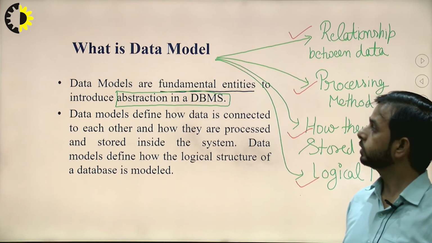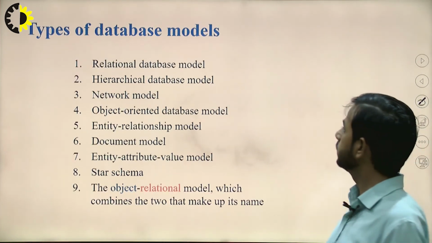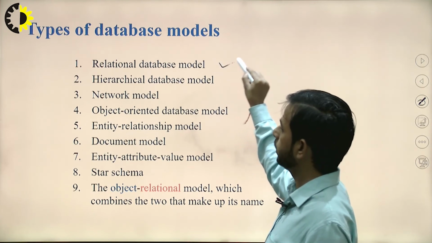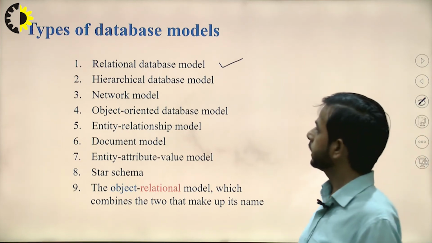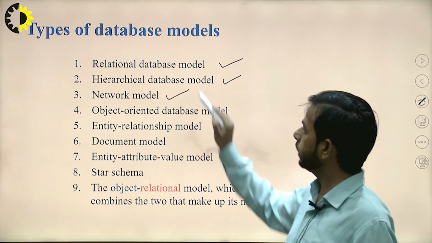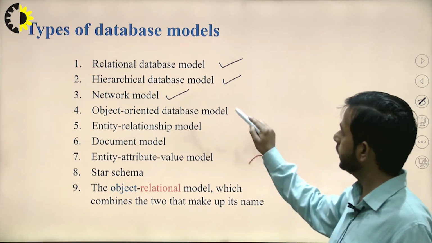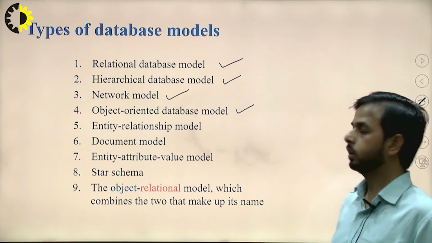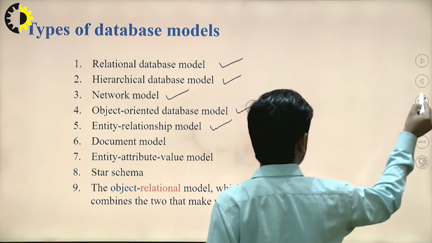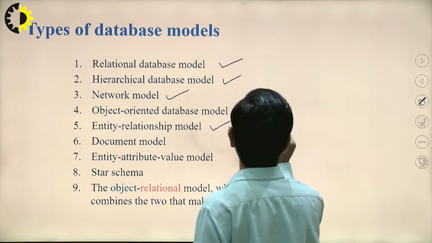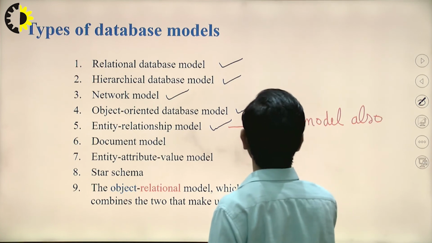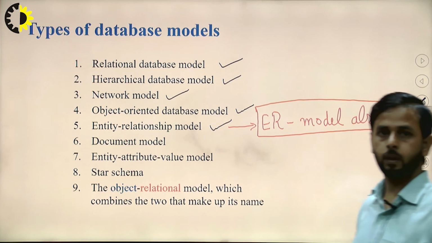Some of the important ones: first is the relational database model, second is the hierarchical database model, third is the network database model, fourth is the object oriented database model, fifth is the ER model, or entity relationship model.